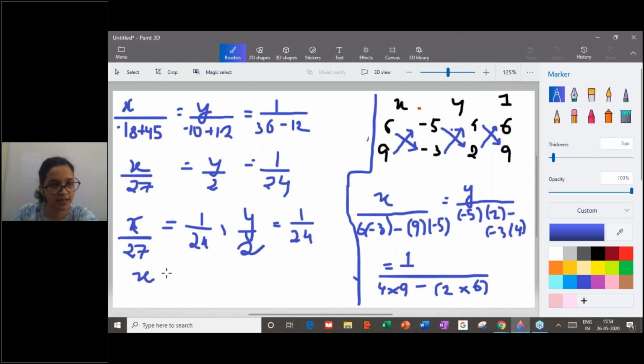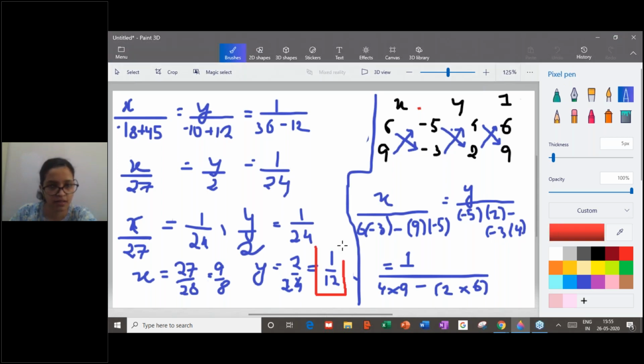So x can be written as 27 by 24, which is equal to 9 by 8, divisible by 3, or y is equal to 2 by 24, which is nothing but 1 by 12. That's how you get the value for x and y. So this is your final answer. This is your final answer for x. Okay, got it?